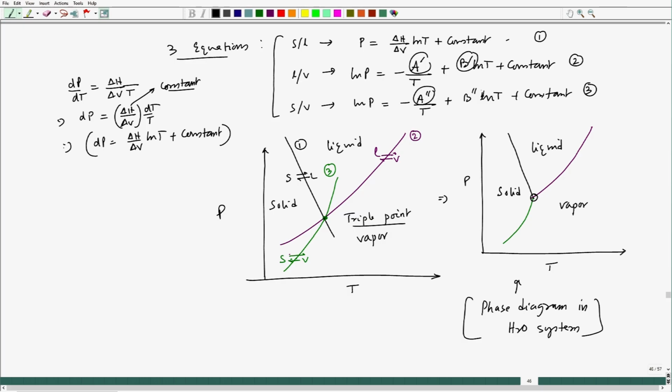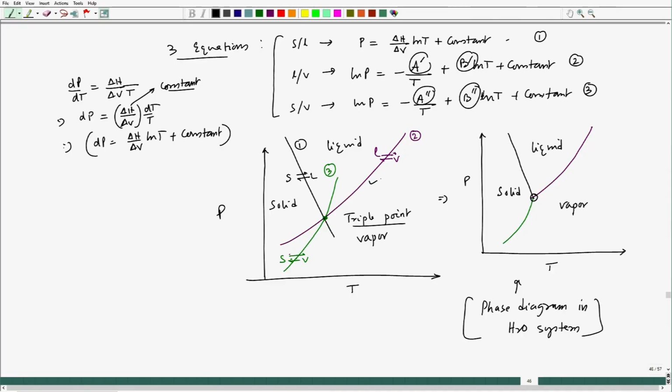A double prime and B double prime should be calculated on the basis of enthalpy change and Cp change for solid to vapor. That gives us the curves: this is for liquid vapor, this is for solid vapor, and this one is for solid liquid. Okay. So, let me stop here.